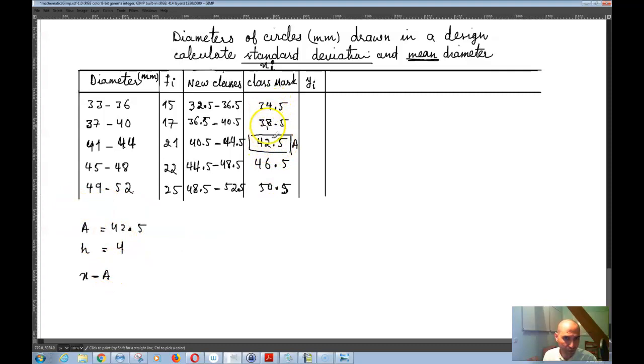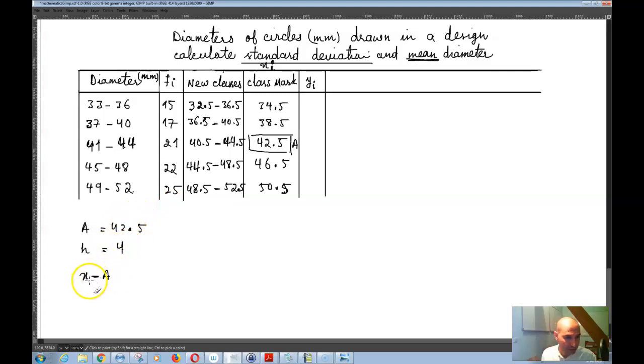For example, 34.5 minus 42.5 would be some negative number, negative 8 or so. Or 46.5 minus 42.5 is going to be just 4, as opposed to being some large number with a decimal point and so on.